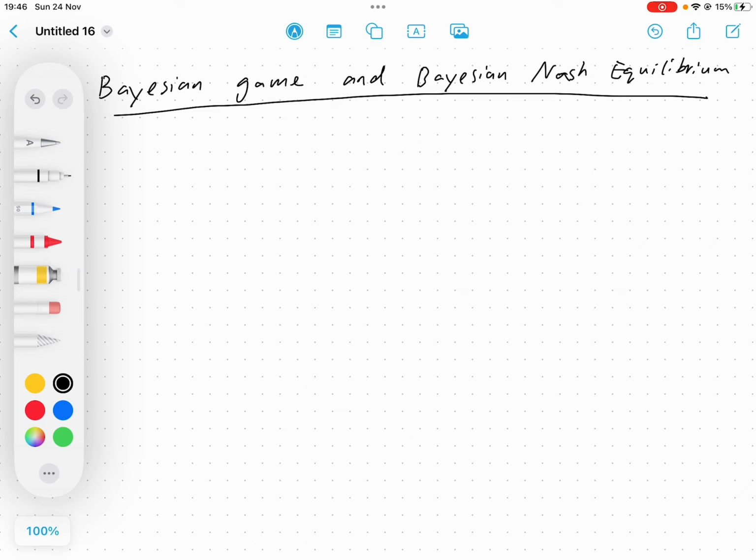Okay, so before we go further into the dynamic games, let's take a look at the simultaneous move game, or strategic games, with imperfect information, which is just called Bayesian games. The name Bayesian game comes from the fact that we will use the Bayes rule to update the belief from the prior to a posterior.